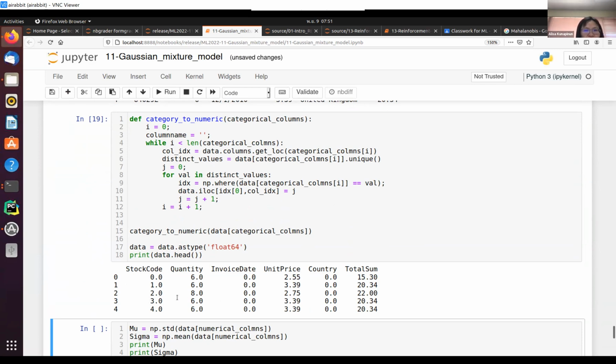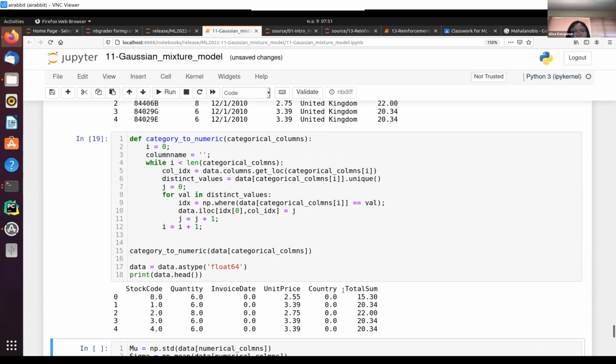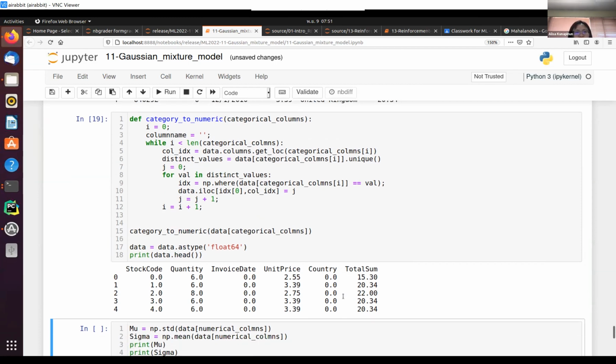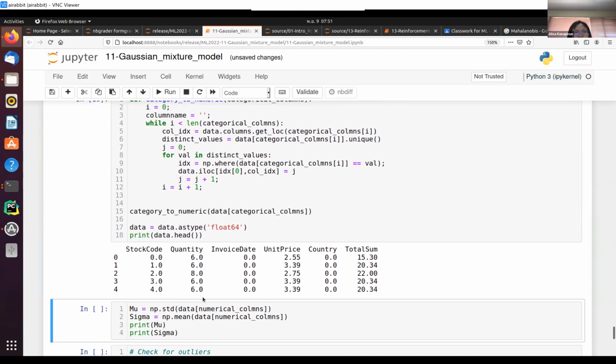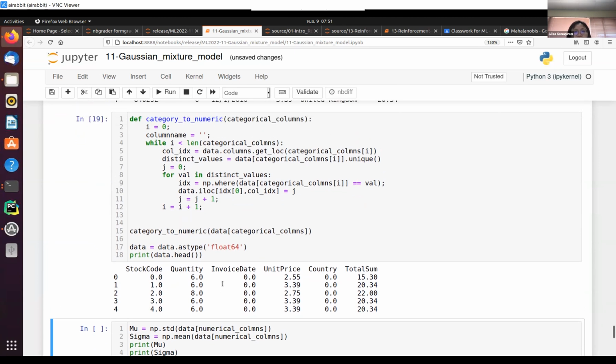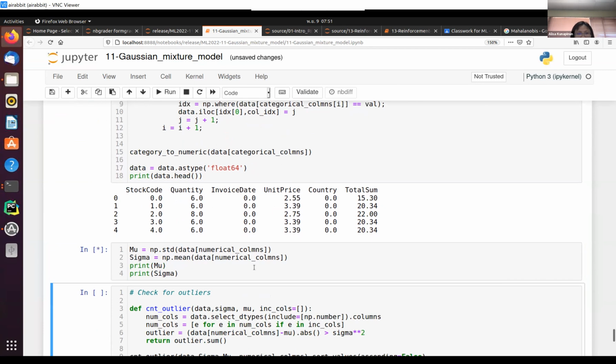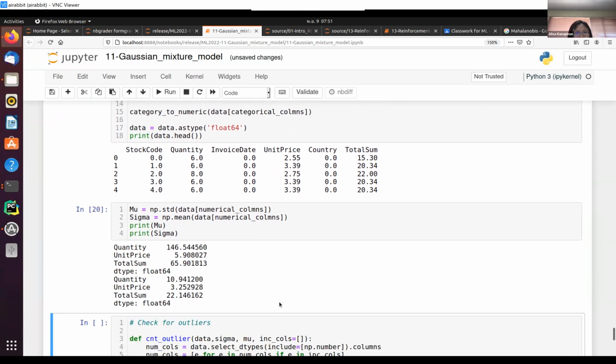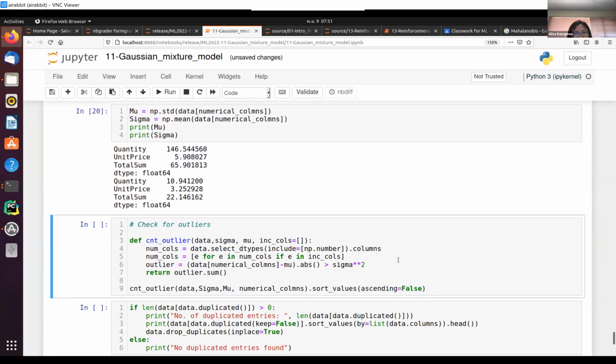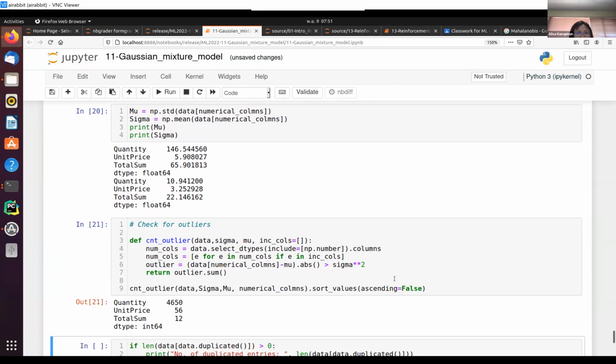After that, we convert categorical to numeric: change the country name to a number, and change the text strings to values. Then check the mu and sigma, and find outliers.